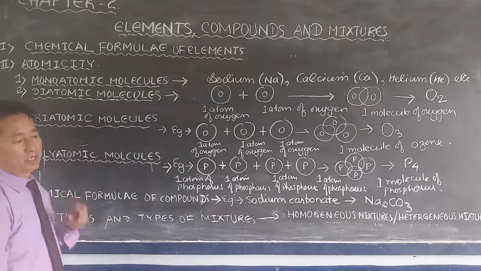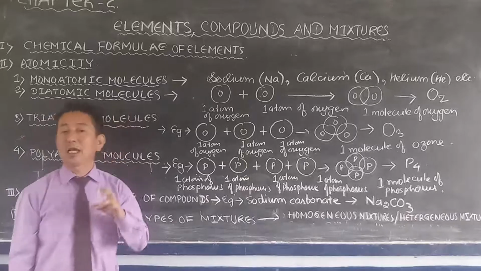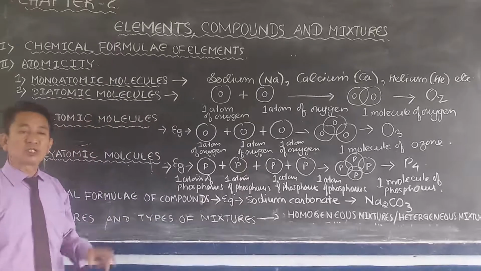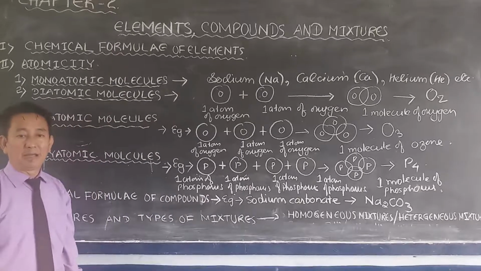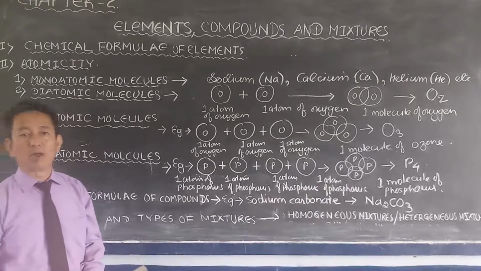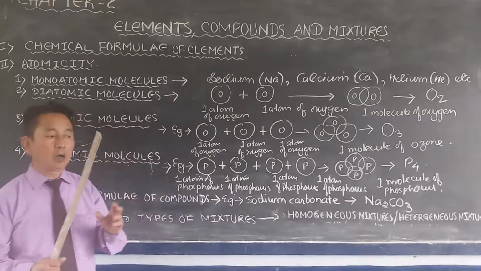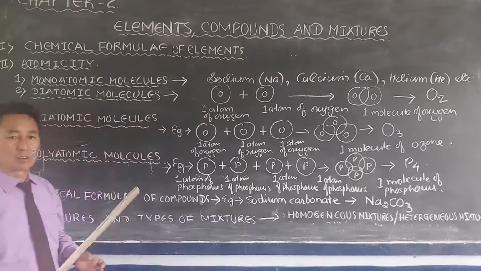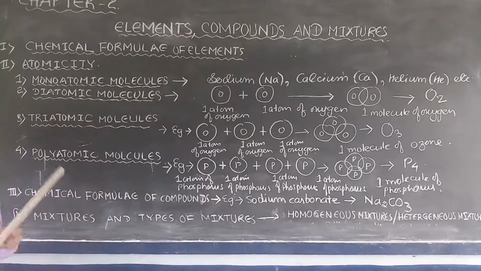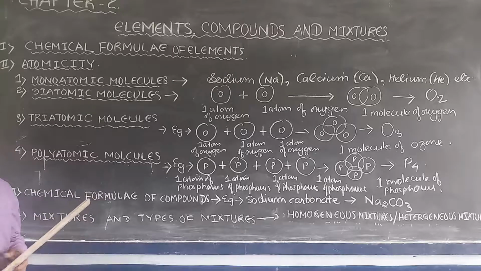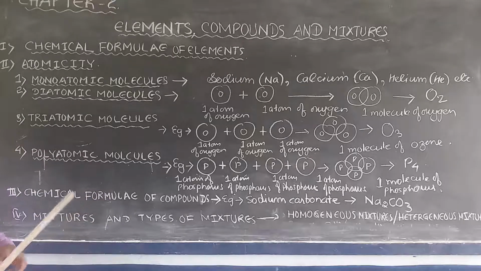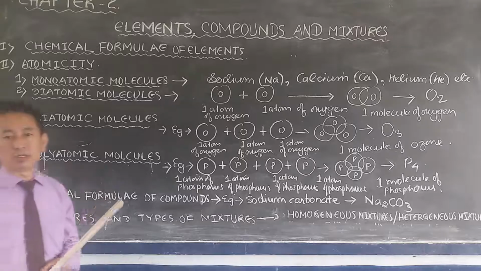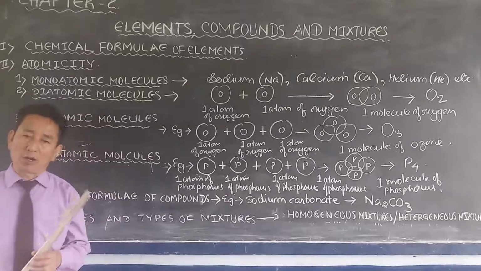Now, next, mixtures. What is a mixture? A mixture is an impure substance which is formed by mixing the particles of elements or compounds which combine mechanically in any proportion, and the components of the mixture retain their properties.